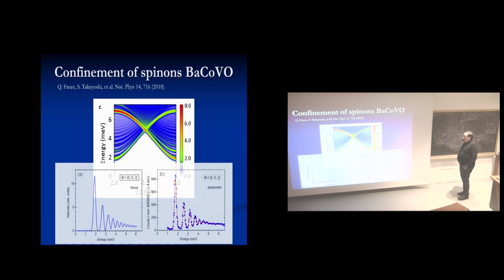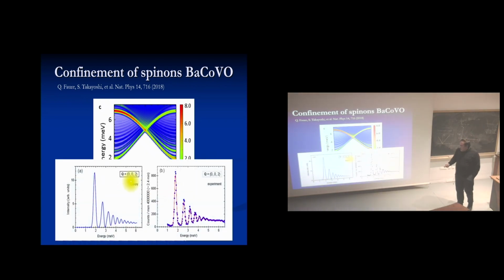And lo and behold, here is the spectrum we can compute. This is computed from the DMRG. This is a slice here at a given momentum. And this is the comparison with the experiment.